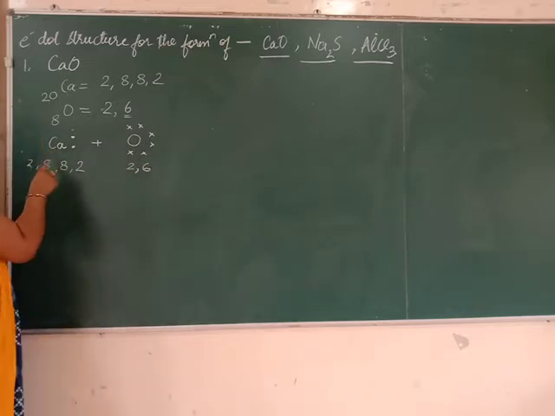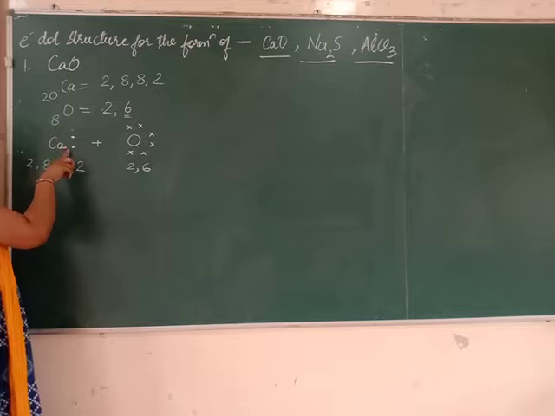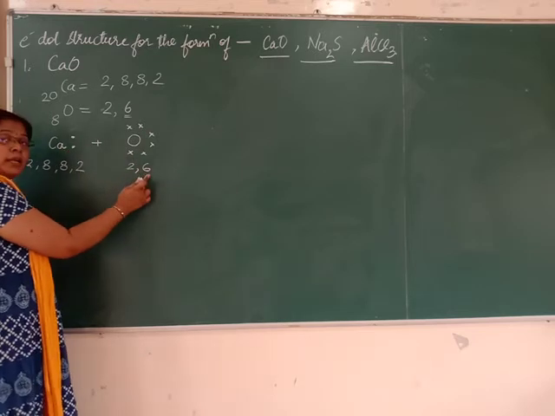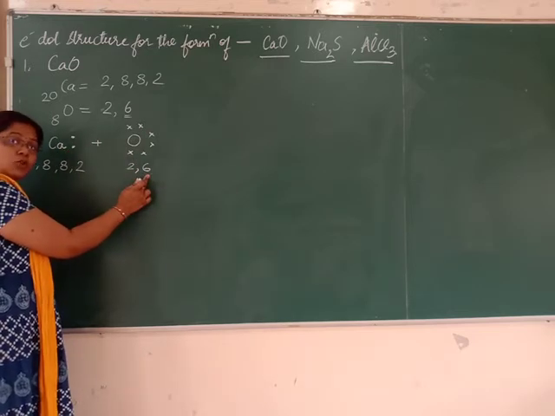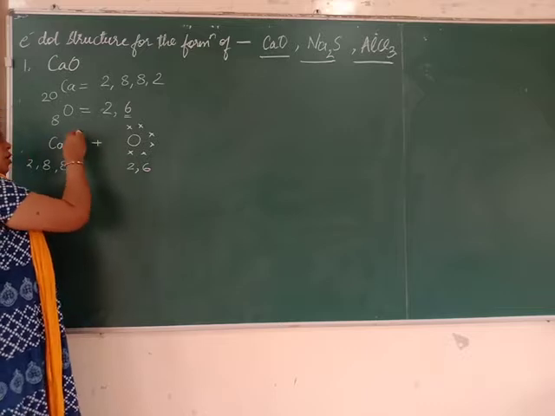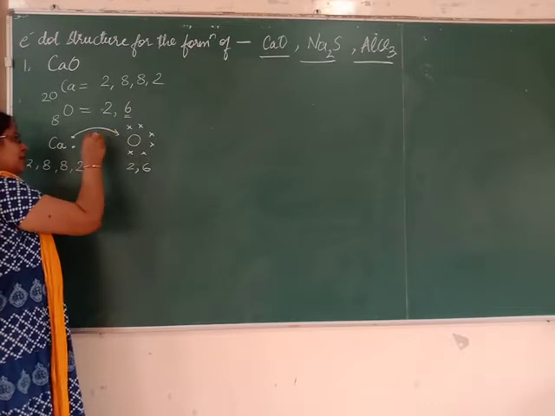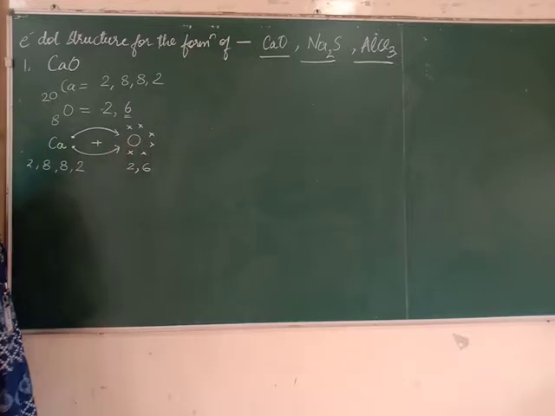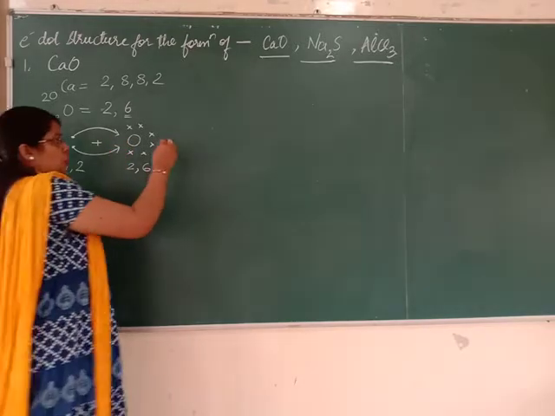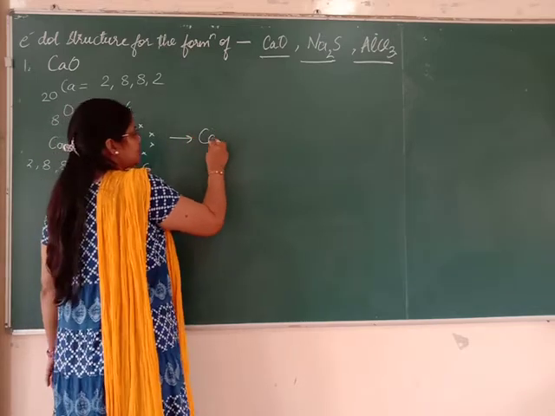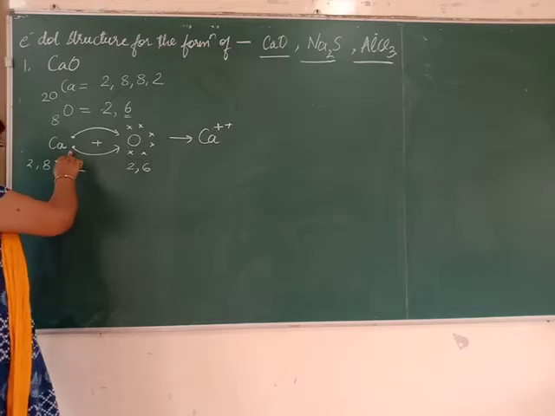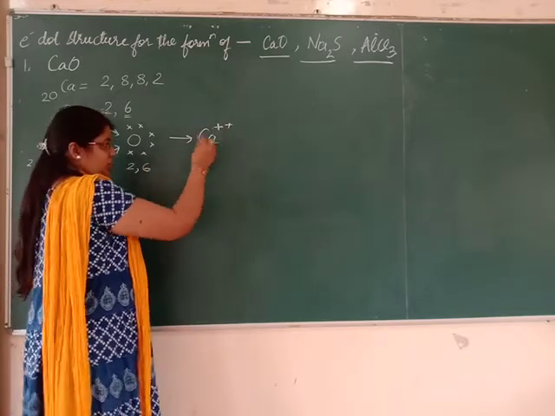In order to get stabilized, calcium will lose both its electrons, whereas oxygen requires 2 more electrons to complete its octet. So both of calcium's electrons will be shifted to the oxygen atom. So calcium becomes calcium ion. Why? Because it is losing 2 electrons, that is why 2 positive charge.